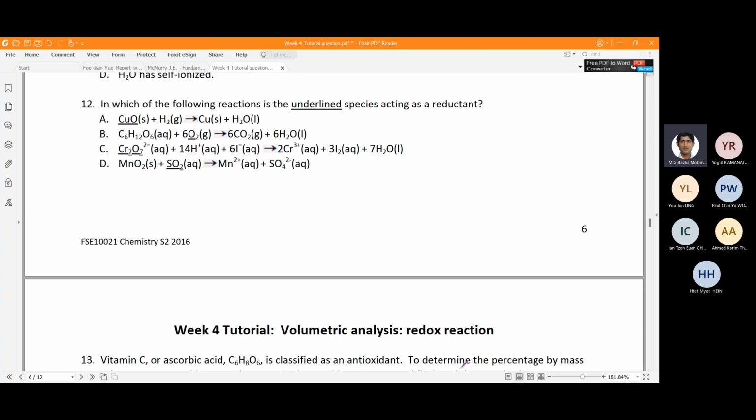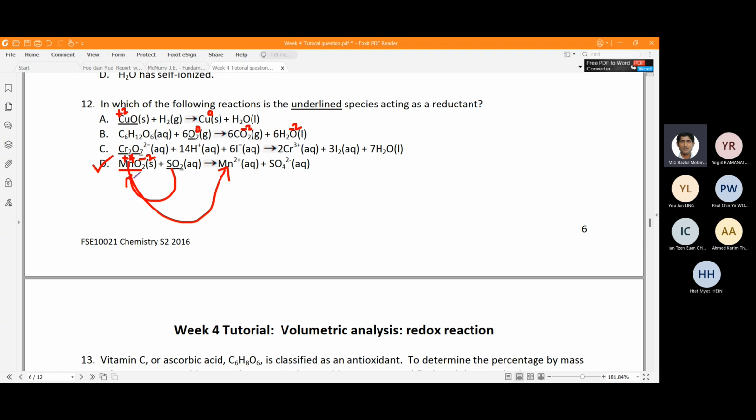because manganese oxide, right? Manganese was +4 here, and oxygen was -2. So from +4, it becomes +2. So here it has been reduced. It has been reduced by sulfur dioxide.